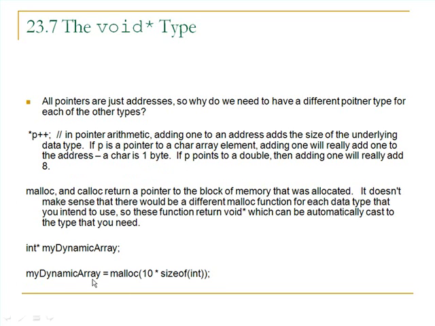Here's the very first one where we allocated, actually this one is allocating 40 bytes of space and giving back a pointer to that space. This function returns a void pointer. This variable's data type is an int pointer. But that's okay. The newer versions of C allow void pointers to automatically be upcast to int pointers. So this is a pointer to the block of memory that was allocated.